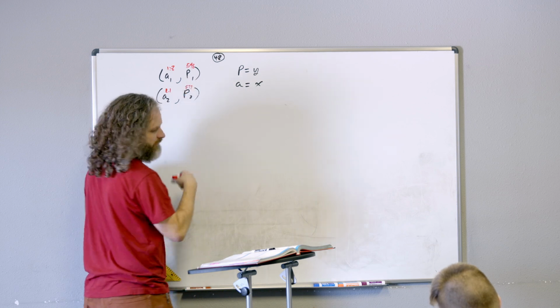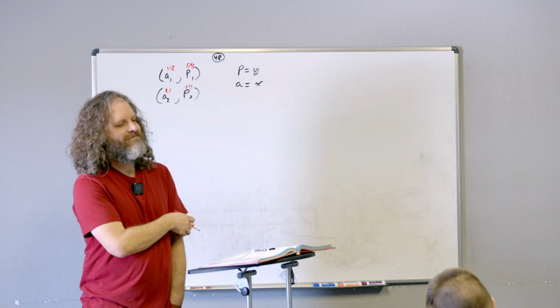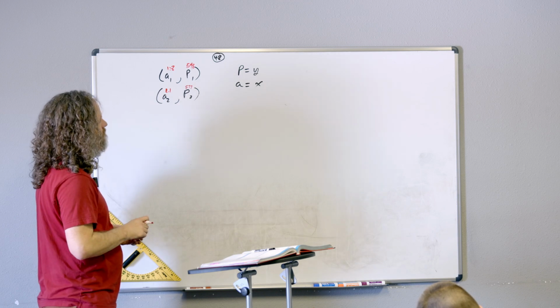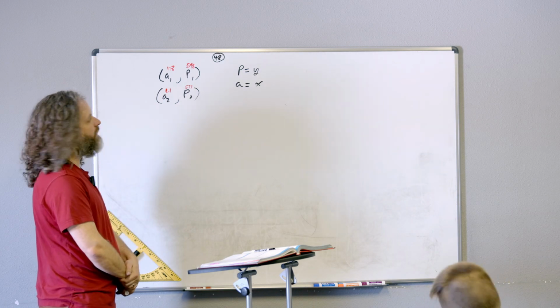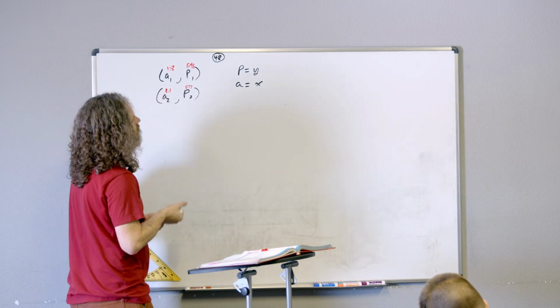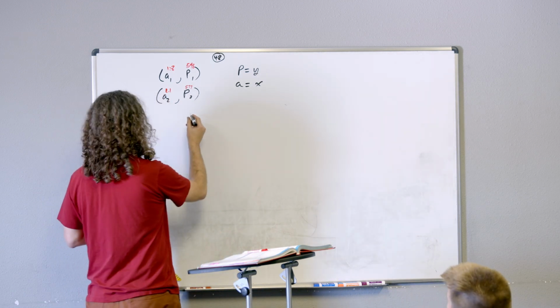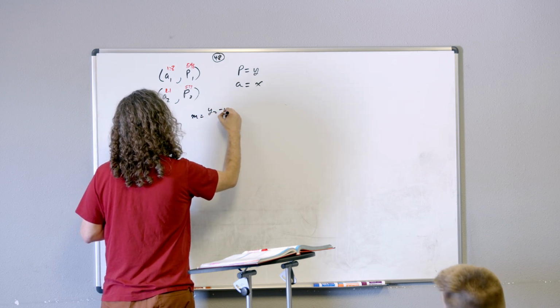So we got 2 points. So what should we do? Do you find the slope out of that? I think that's a great idea. We should do that. How do we find slope given 2 points? M equals y2 minus y1 over x2 minus x1. But you can do it the other way.